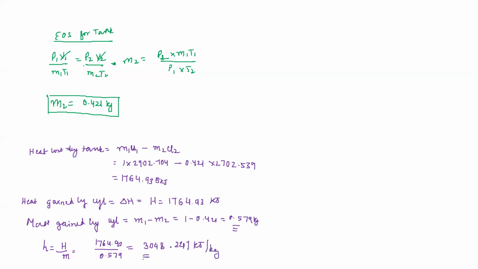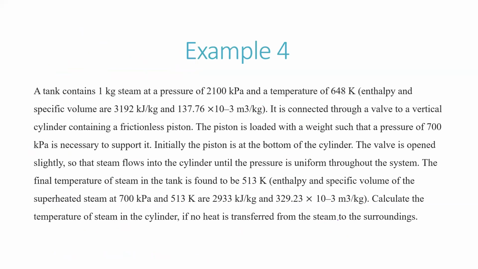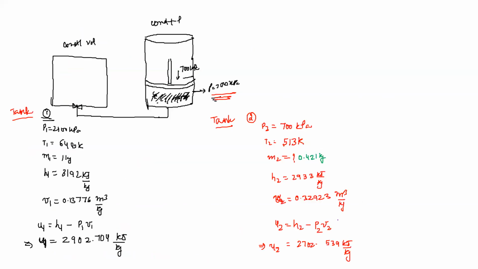This is the specific enthalpy. So from steam tables, at a pressure of 700 kilopascal and for a specific enthalpy of 3048.247 kilojoule per kg, we get the temperature as around 565 Kelvin. So this is the temperature of the steam that is present in the cylinder.